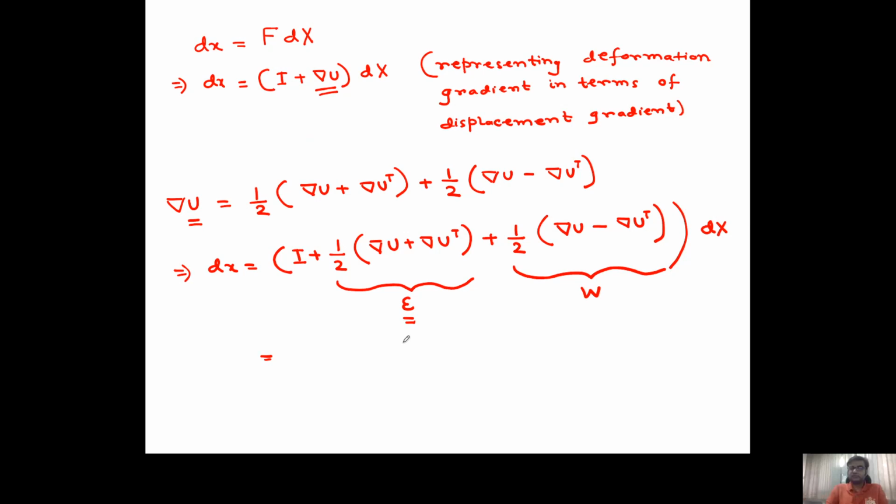If we separate the strain part, the final thing we had, as discussed in our last lecture, is epsilon dX plus I plus W dX.